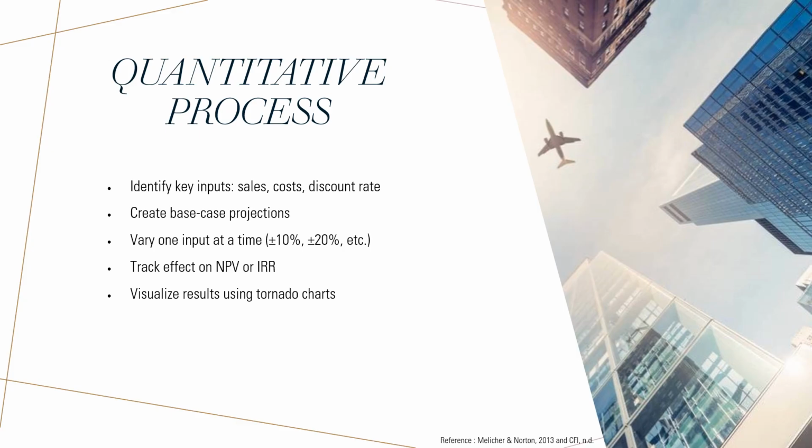And number 5 is visualizing the results using sensitivity tables or tornado diagrams, which clearly show which variables exert the most influence on outcomes. This what-if analysis is especially useful when inputs operate within a complex model or so-called black box. It helps decision makers understand which variables matter the most and which can be monitored or hedged against.